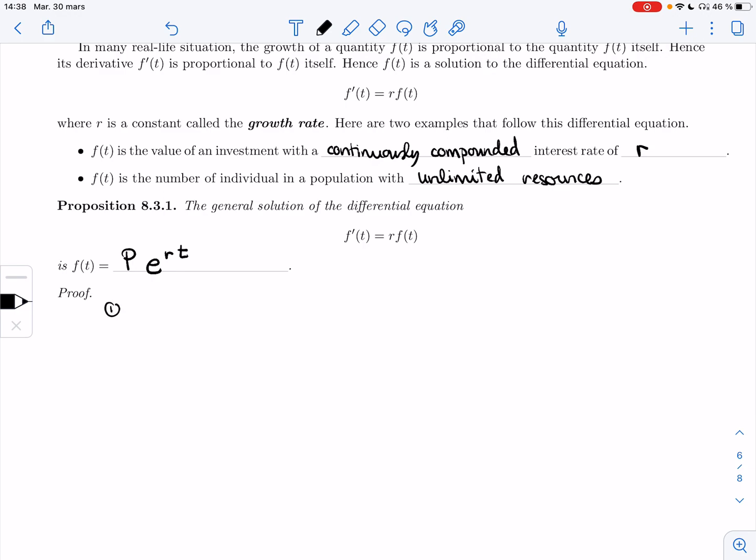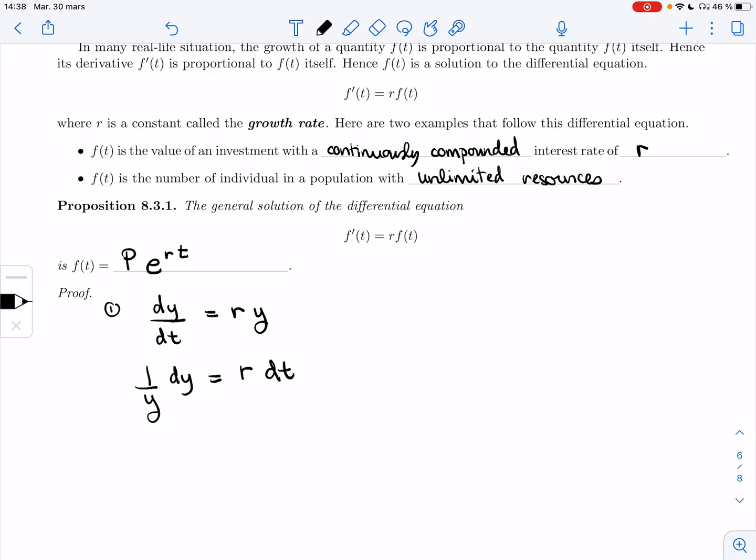This is a separable differential equation. We'll replace f prime by dy over dt, so dy over dt is equal to r y. When I separate the variables, I'm going to send the y on this side and dt on the right side. The r could go either way. It's a constant, so it doesn't matter.